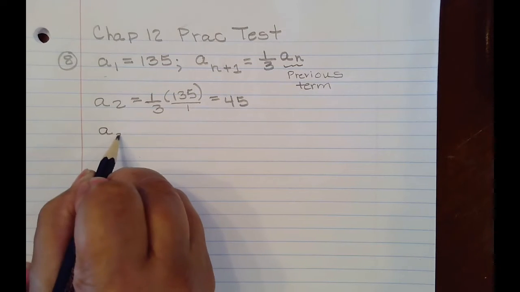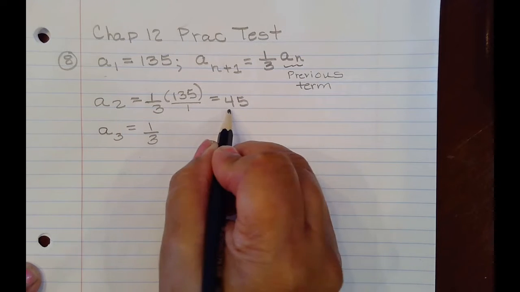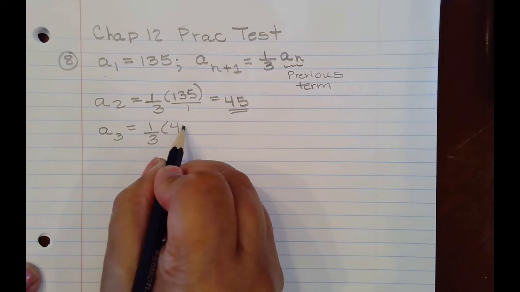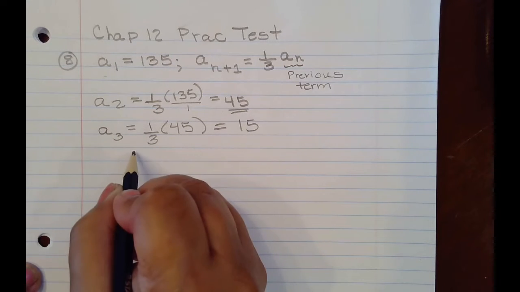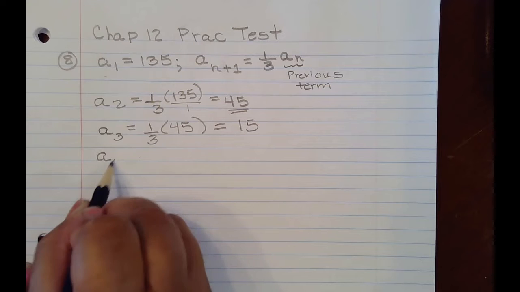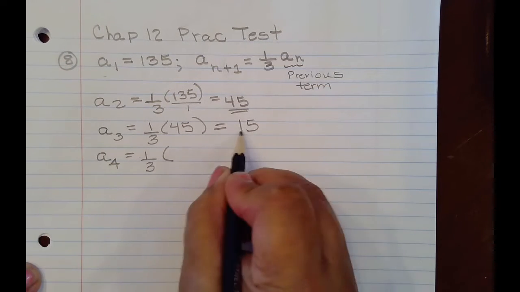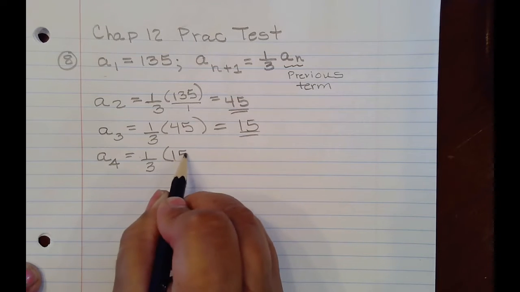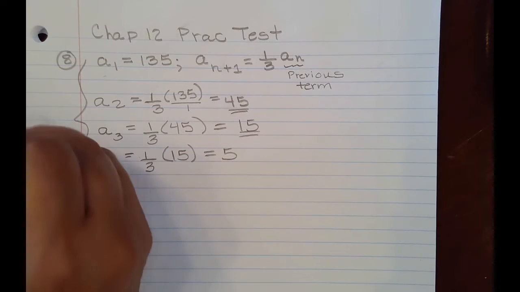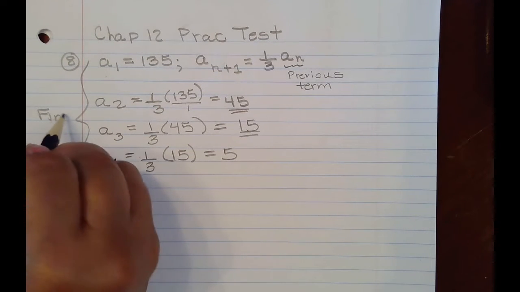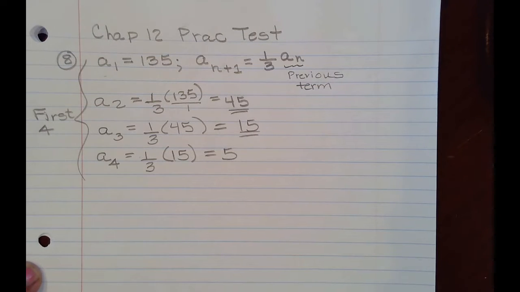Okay, then next term, a sub 3 is 1/3 times the previous term. Now this becomes the previous term, and that is 15. 45 divided by 3. Then finding the fourth term, it'll be 1/3 times the previous term, which is now 15. And 1/3 of 15 is equal to 5. And those are the first 4 terms, just like the instructions say for 7, 8, and 9.